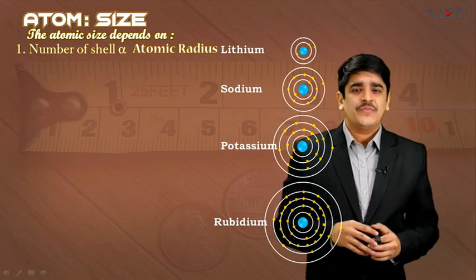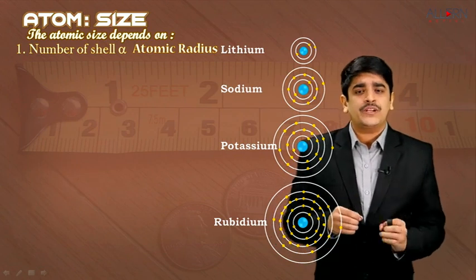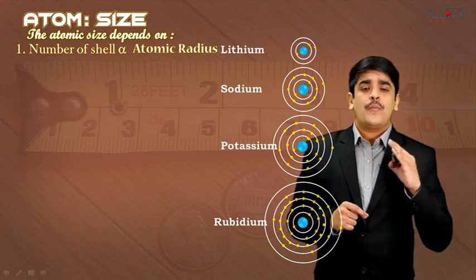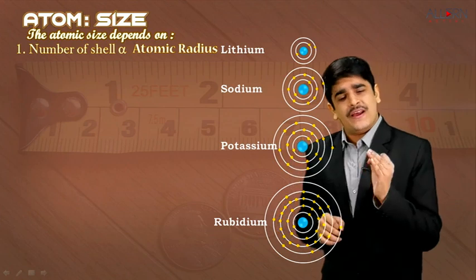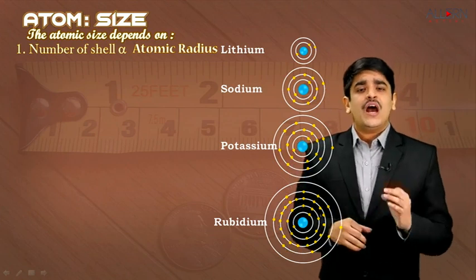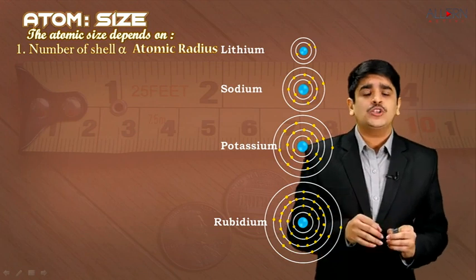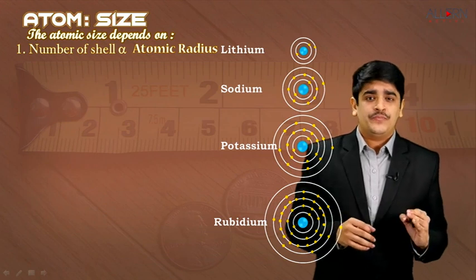Who do we have here? We have an atom of lithium. It has an atomic number of 3, configuration 2,1, 2 shells. Then we have sodium, atomic number 11, configuration 2,8,1, 3 shells. Then we have potassium, having an atomic number of 19, configuration 2,8,8,1, 4 shells.